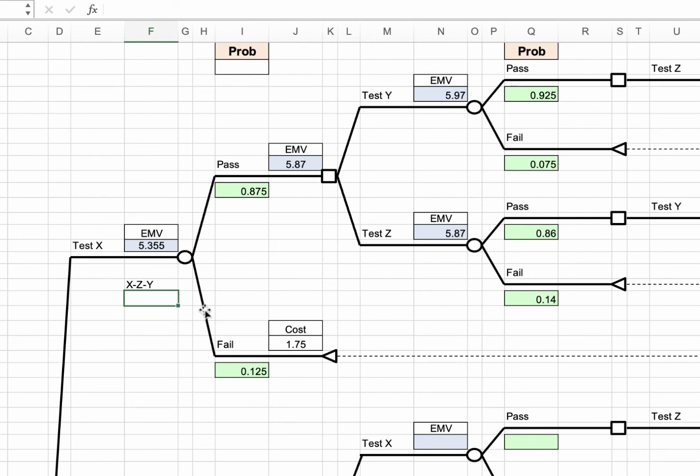If you complete the rest of this decision tree, you could in fact confirm that the cheapest sequence is X, Z, Y with an average cost of 5.355.